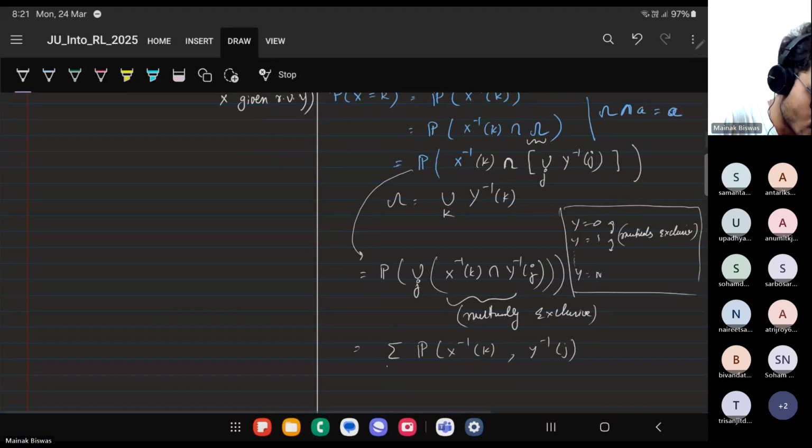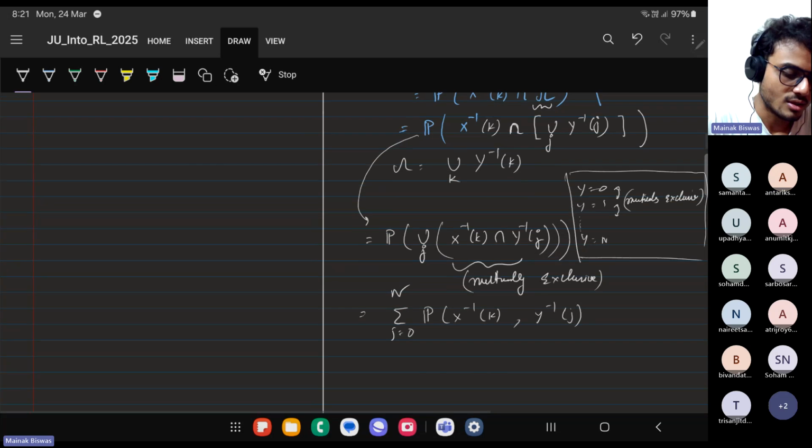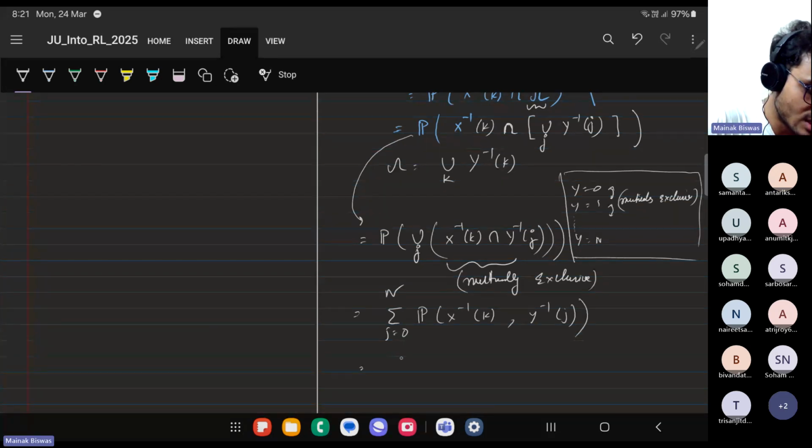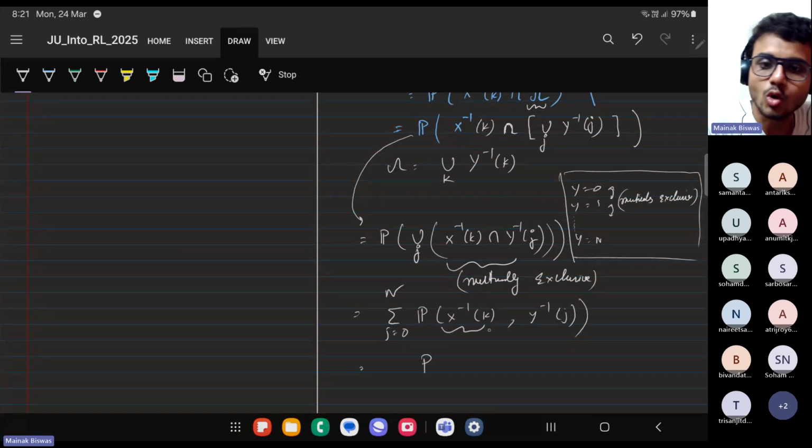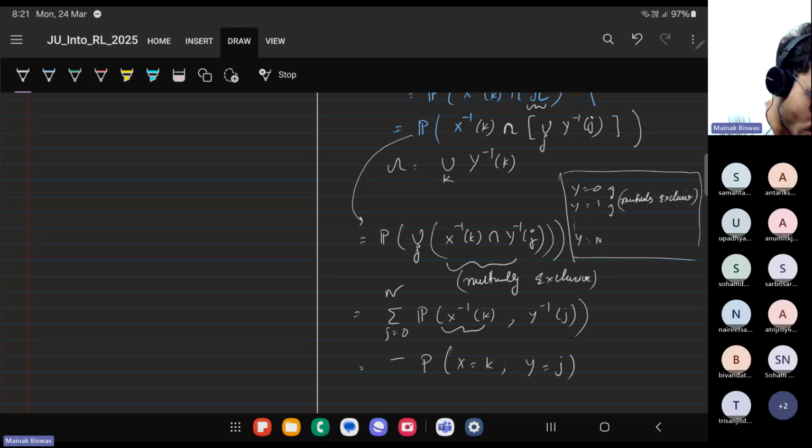Yes or no? Fine. Yes. So what does this mean? It means, again, this can be in our colloquial notation written as x is equal to k intersection y equal to j, and you sum over all the j's. That's the output of y. So this is the law of total probability in random variables.